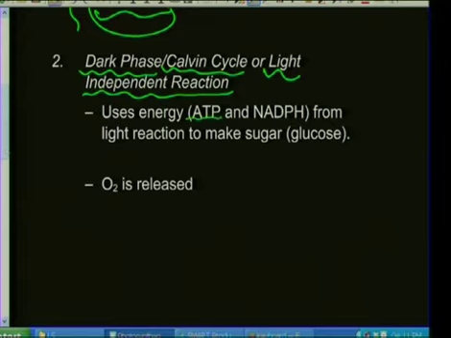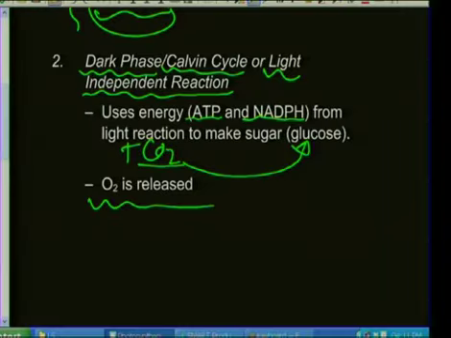Which energy? ATP and NADPH from the light phase, and it uses carbon dioxide as well, to give us food in the form of glucose and other organic compounds. And oxygen is released as a byproduct.